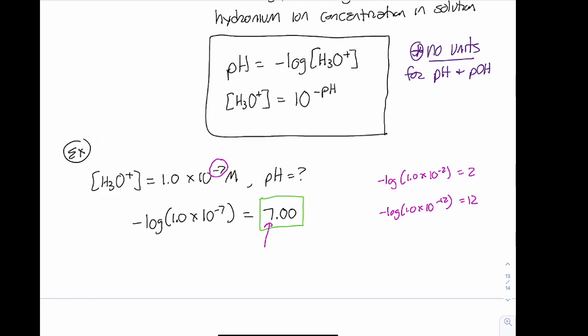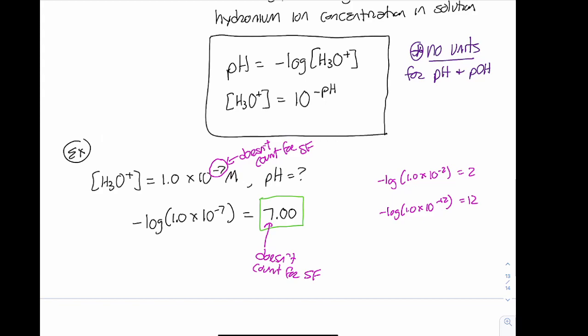If I give you this number and I ask you how many significant digits does it have in it, you're just going to tell me 2, right? You're not going to count that negative 7. So this doesn't count for sig figs. So this, because it comes from that, doesn't count for sig figs.